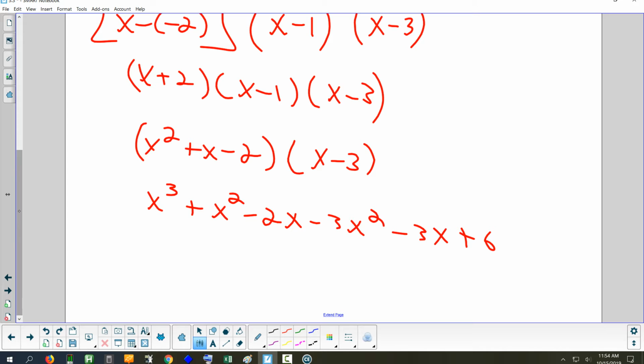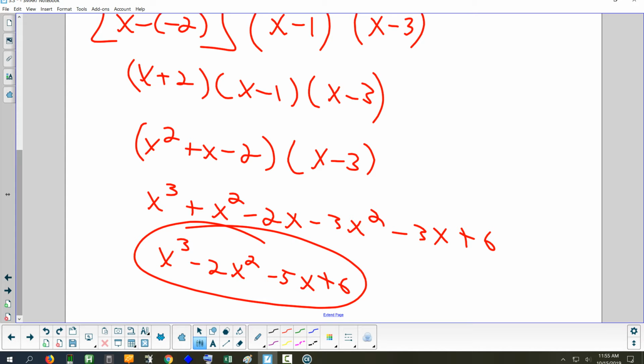Okay, when I combine like terms there, can someone give me my final answer? X cubed minus 2x squared minus 5x plus 6. Okay.